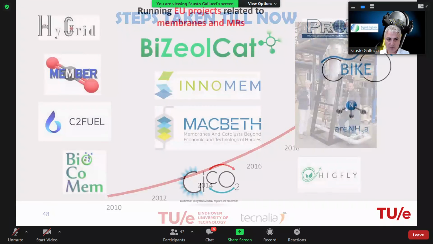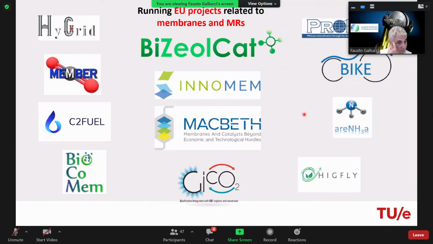In the meantime, we have several projects, also with some of you as partners, where we do hydrogen separation with membranes, hydrogen production with membranes, also from different liquids and different gases, and we also do CO2 hydrogenation with membranes.